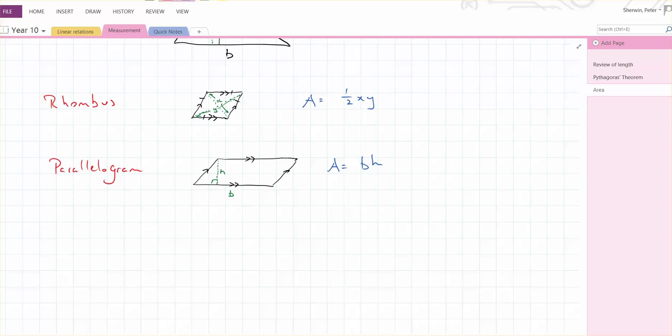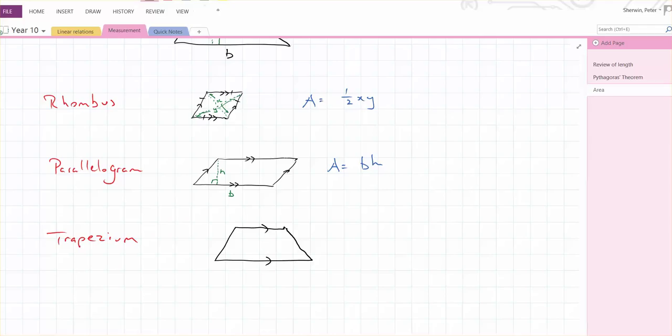Okay, a trapezium. Now a trapezium is a quadrilateral that has one pair of parallel sides only. So we might have this sort of situation. These sides are parallel, but the other pair of sides are certainly not parallel.